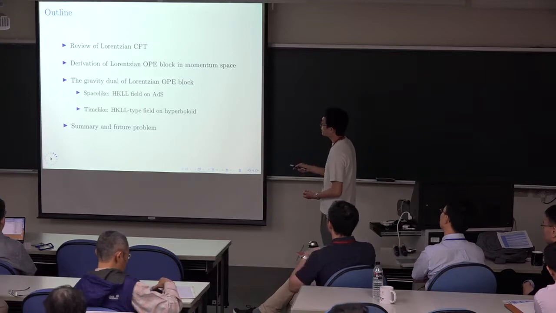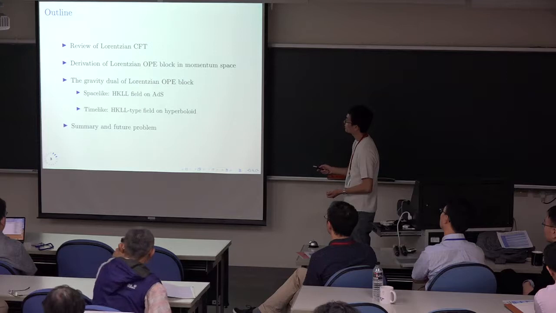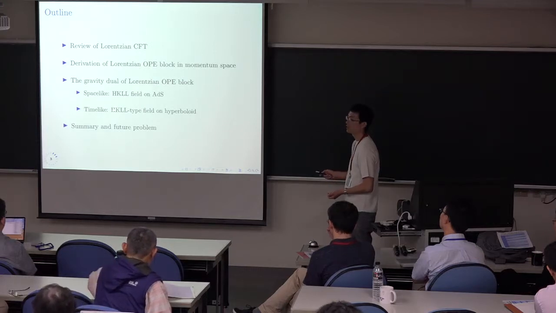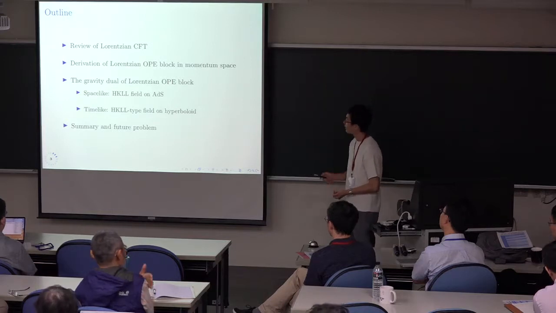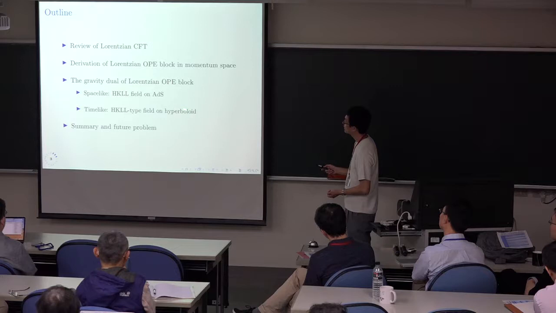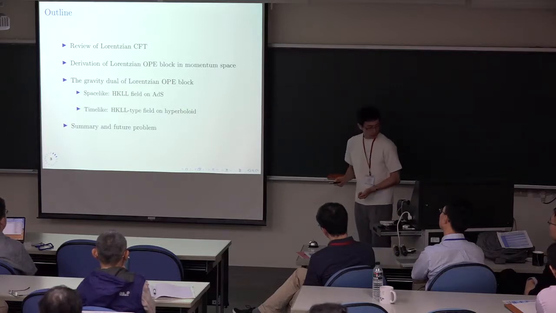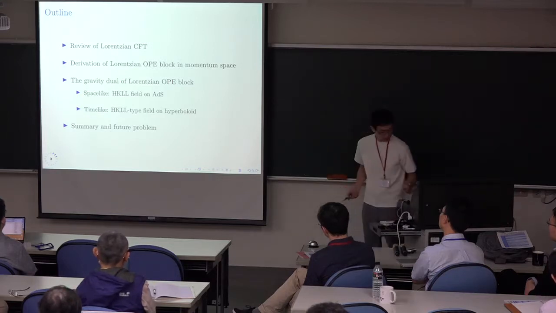But if you consider the time-like case, you can also find some interesting field, similar to the HKLL field, but this field is not on AdS, but on what we call a hyperboloid. So this is different from AdS space. This is a new finding in our work, and I will summarize it.